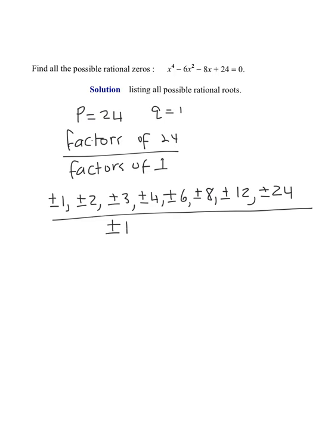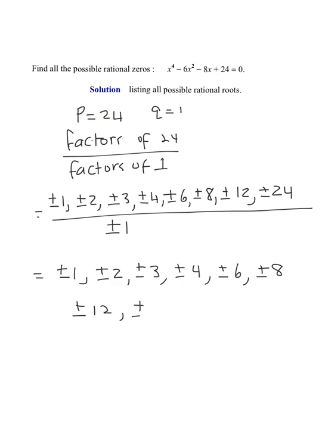And what do we get when we do this? When we divide by 1, they remain the same. So the factors are plus or minus 1, plus or minus 2, plus or minus 3, plus or minus 4, plus or minus 6, plus or minus 8, plus or minus 12, plus or minus 24.